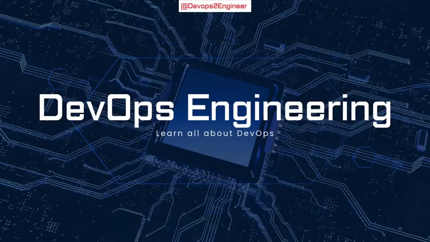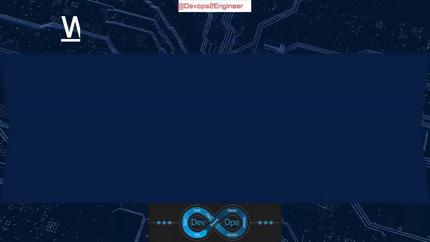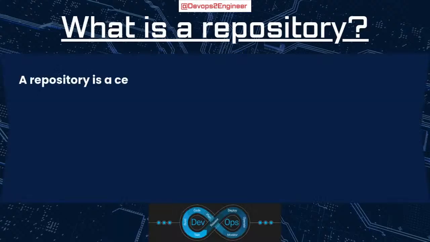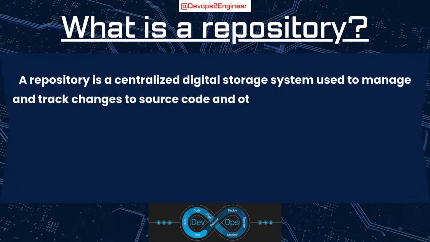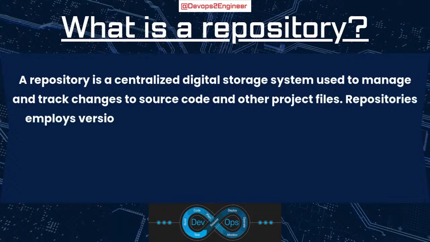In today's video, we're going to be talking about what is a repository and how to create a repository. What is a repository? A repository is a centralized digital storage system used to manage and track changes to the source code or other project files.